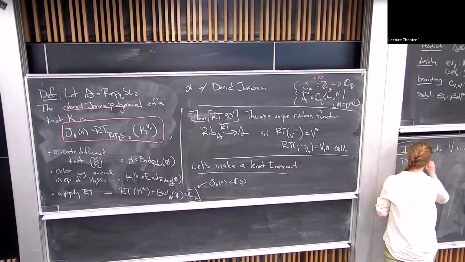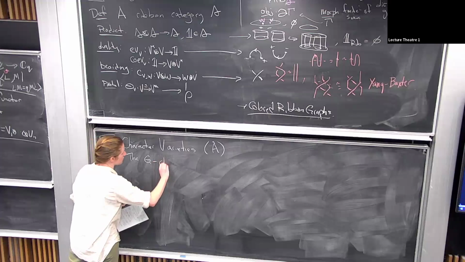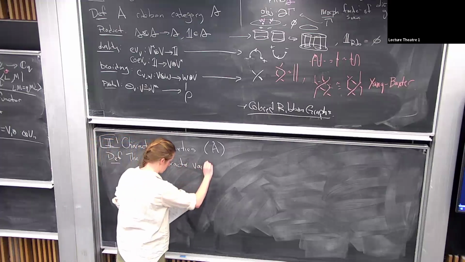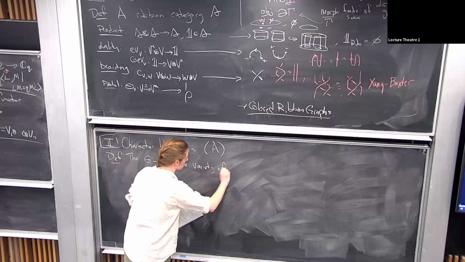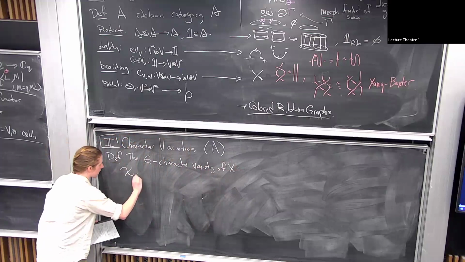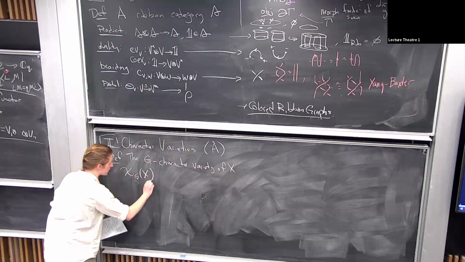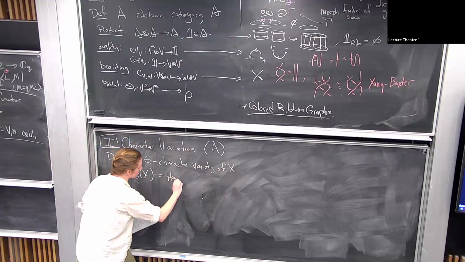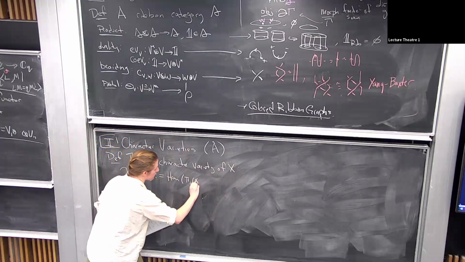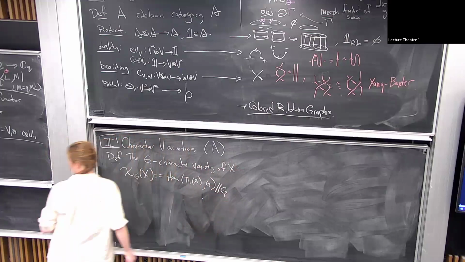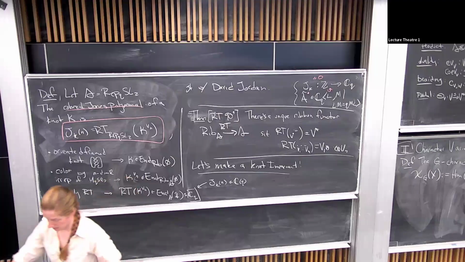So here's another definition. The G character variety of X, I'm going to write this chi sub G of X. And this is going to be, I'm going to look at homomorphisms from the fundamental group of X into G, and I'm going to take this quotient. So let me label what some of this stuff is.